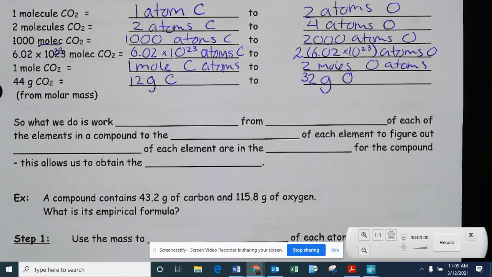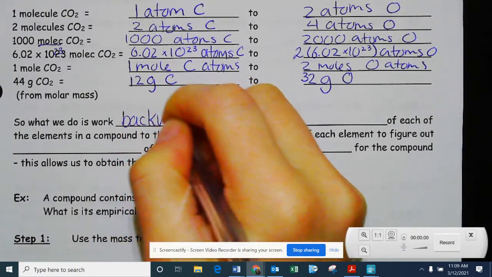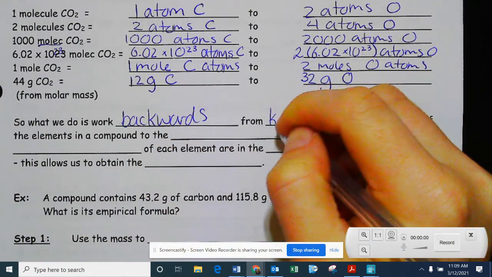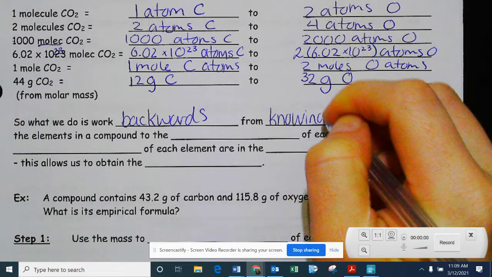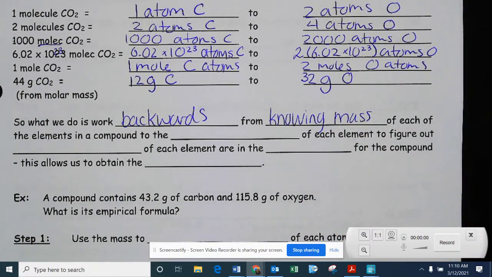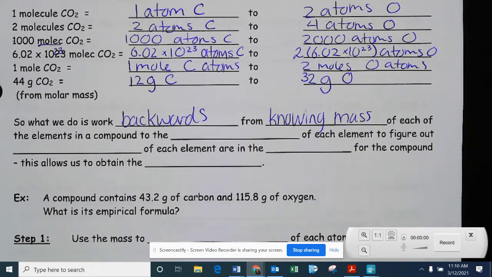So what we're going to do is work backwards from knowing the mass of each of the elements in a compound. We know the mass of oxygen, we know the mass of carbon, for example.